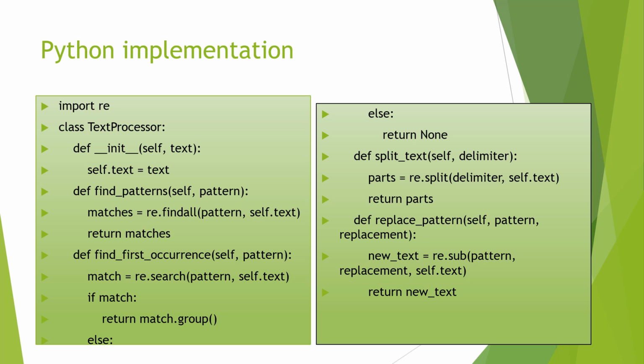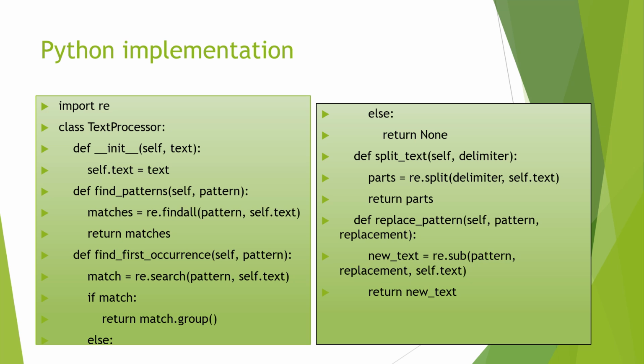Then we also have a function to find the first occurrence of a pattern in the text. This search function finds the specified pattern in the given text. If a correct match is found, it returns that matching pattern, otherwise it returns null. Then we have a user-defined function split_text, where we pass the delimiter. The delimiter can be a comma or any other special character, maybe a semicolon.